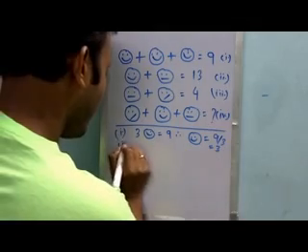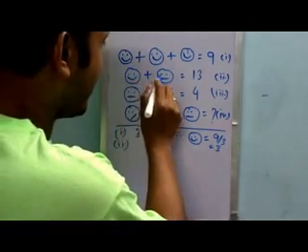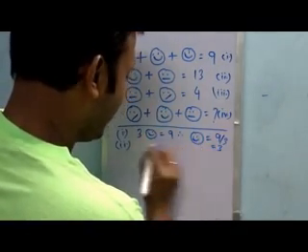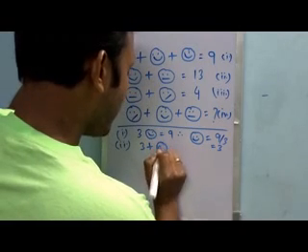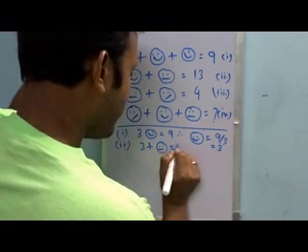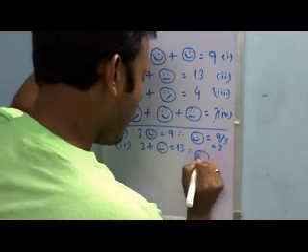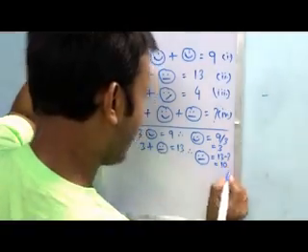In case of row 2, one smiling face plus one normal face equals 13. Now the value of one smiling face equals 3. So 3 plus 1 normal face equals 13. So the value of one normal face becomes 13 minus 3 equals 10.